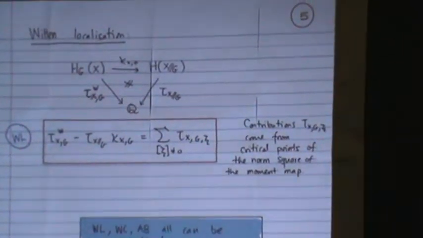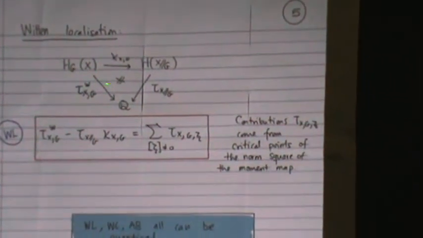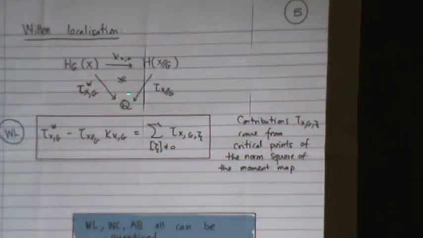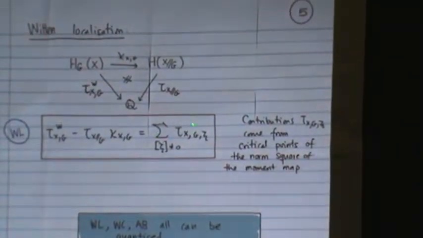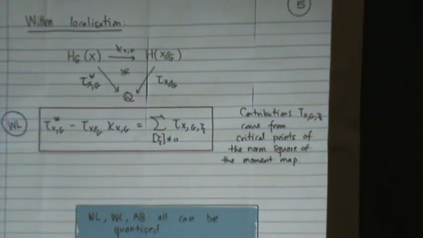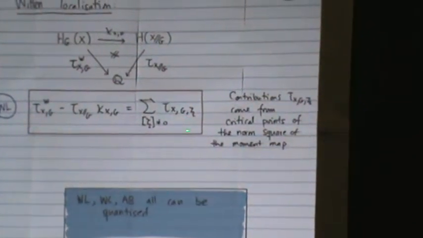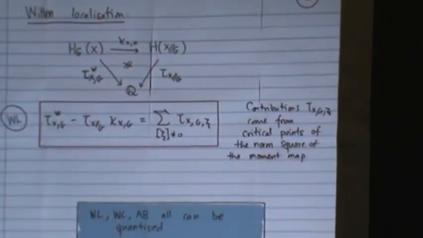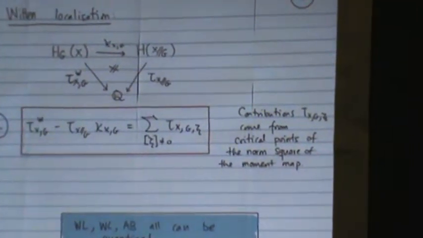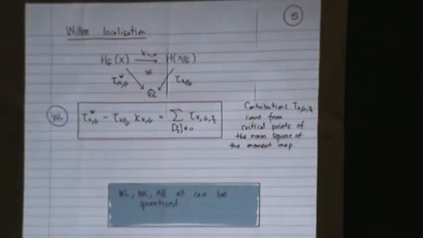We can describe the following formula, which says that these two do not commute. The error comes from contributions of one-parameter groups, so actually points of the non-semistable locus. This is very, very difficult to describe in general. Actually, in Martin's paper there are lots of things that I didn't bring up, but I'm going to avoid it, and I'm just going to tell you what happens in the abelian case.